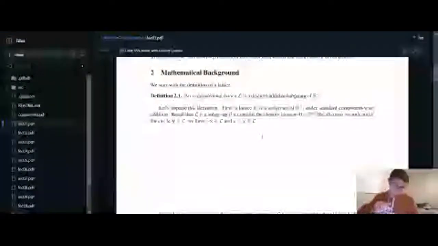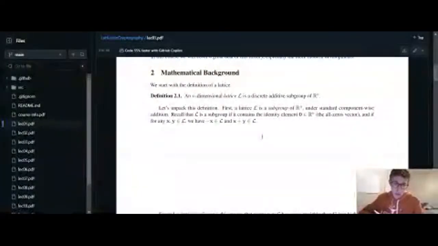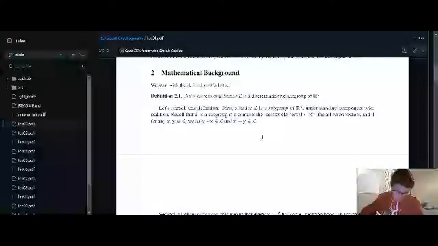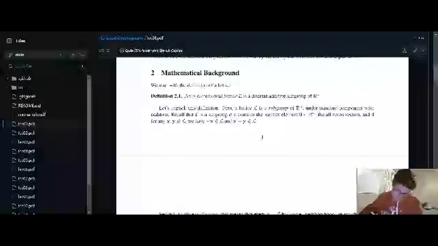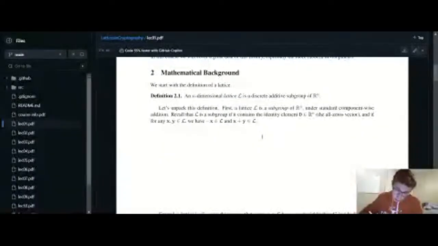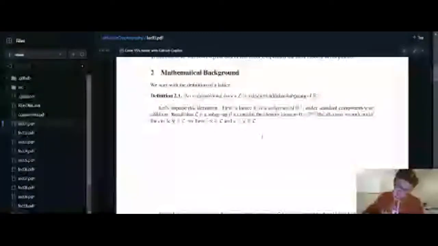So it contains the identity vector. And for any x or y in L, negative x is in L, and x plus y is in L. Oh, that makes a little bit of sense, I think.